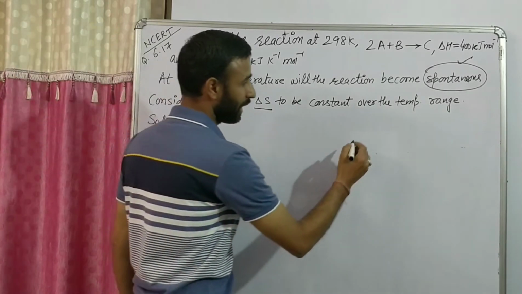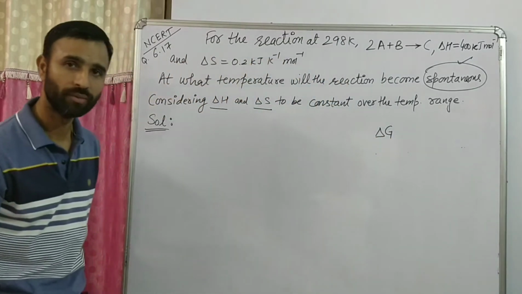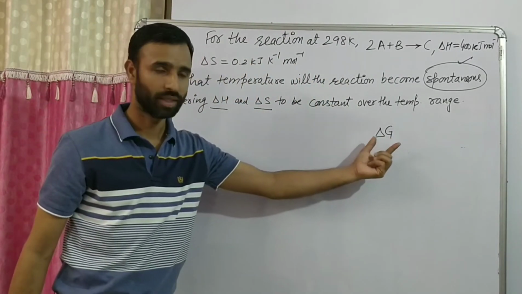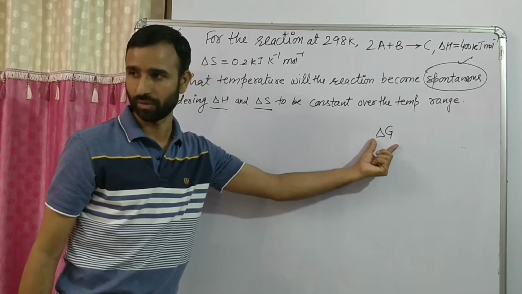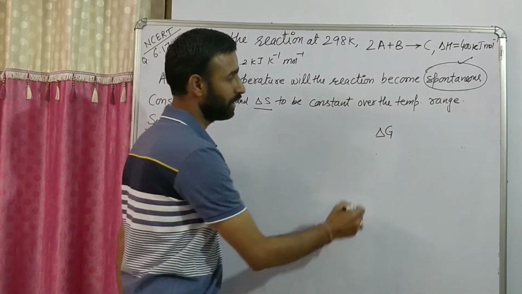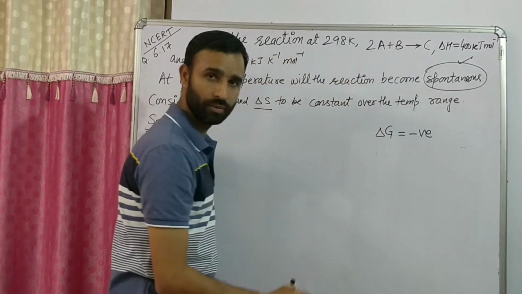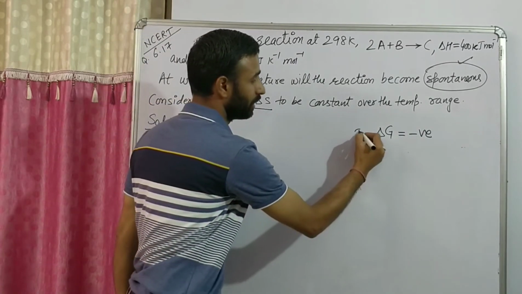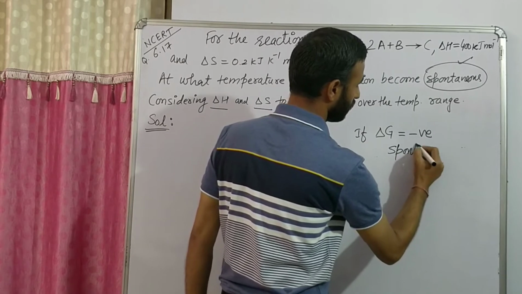And for that we have a new term, that is delta G. Now what is delta G? Delta G is change in Gibbs free energy, and this Gibbs free energy, if delta G is negative, reaction is spontaneous.